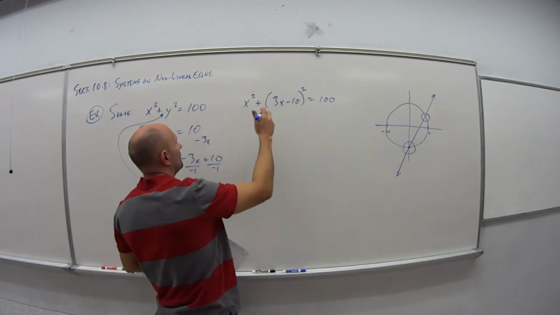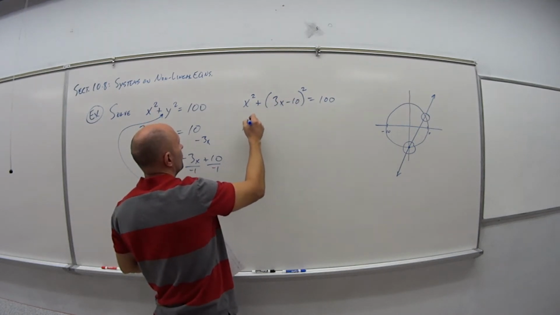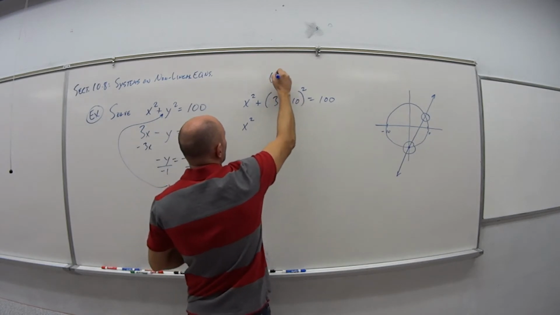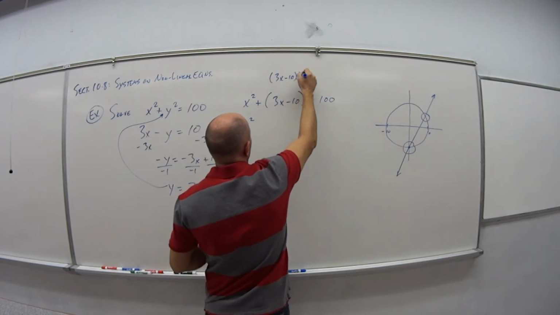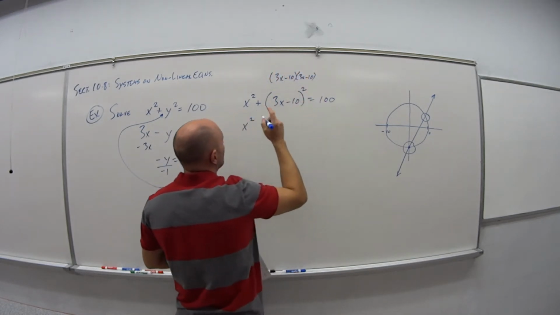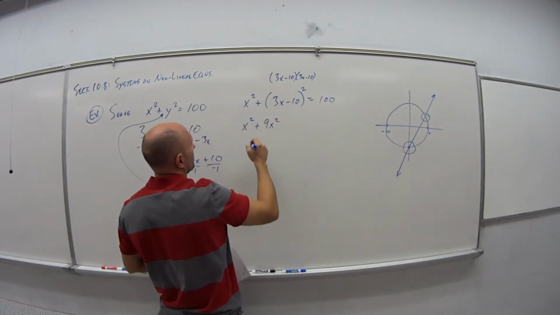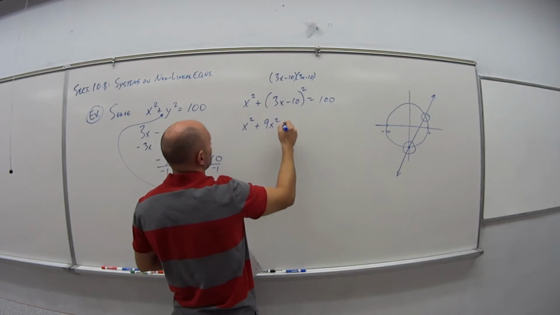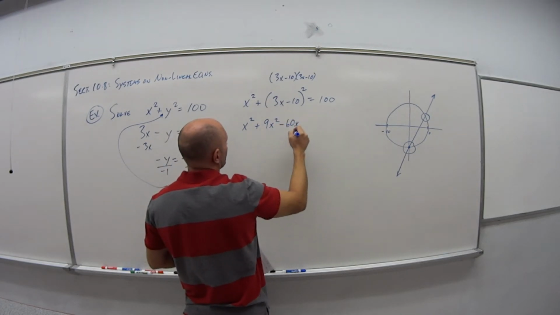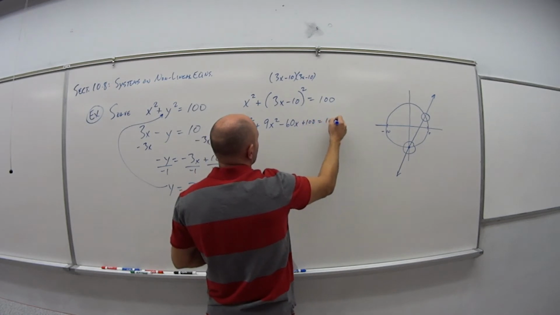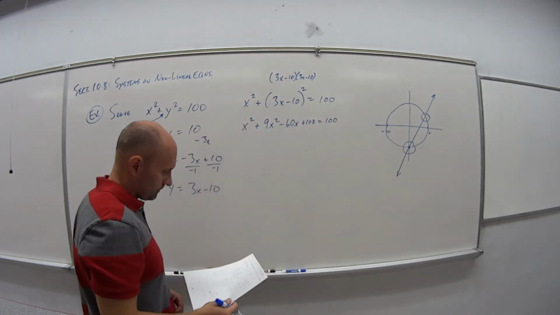So now expand this out and combine my terms. I get x squared. This guy is really 3x minus 10 times 3x minus 10. If I FOIL it, I get plus 9x squared minus 60x plus 100 equals 100.